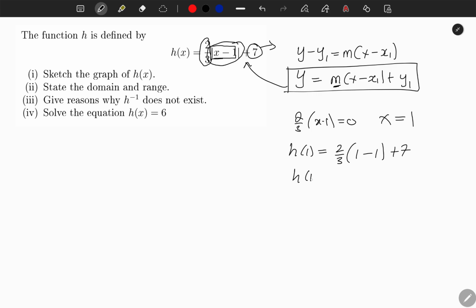So you're getting h of 1 as 7. This point is what we're calling the vertex. So the vertex is at (1, 7). Then you have the vertical shift, which is 7 units up.